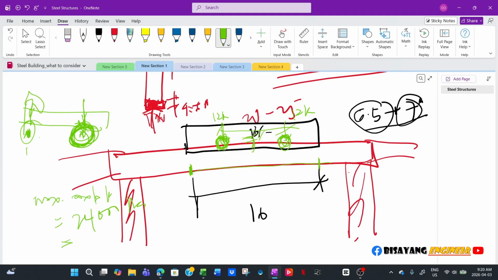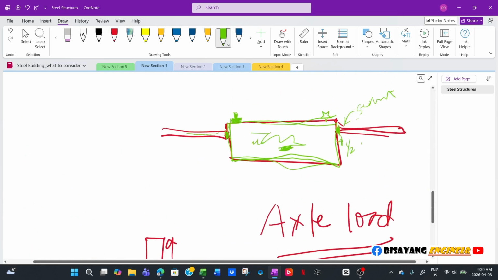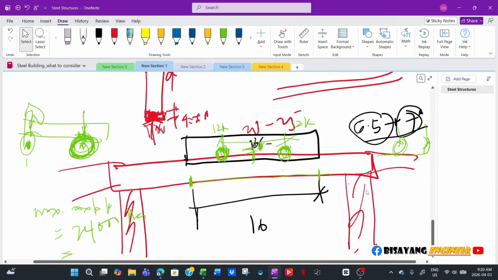So I will apply that moving load from here. And if you have an adjacent overhead door here as well, then you have to consider that one acting simultaneously.